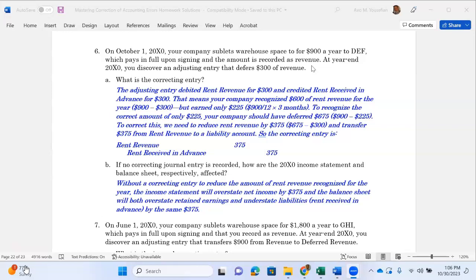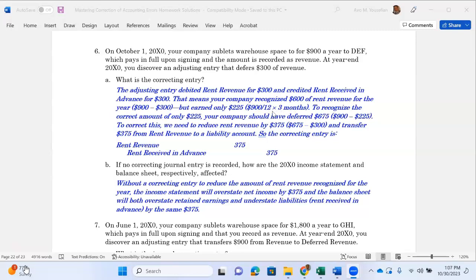It will be credited. Now, that's October, November, December. That's 3 months. So first of all, you need to know what's the rent revenue that you need to recognize for only 3 months. So 3 months is 900 divided by 12 times 3 months.